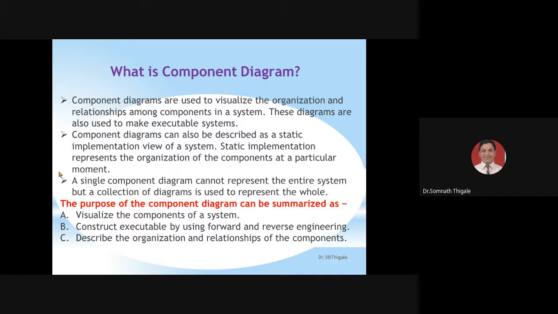These diagrams are also used to make an executable system. The most important part is that a component is an executable part of the system. A component diagram can also be described as a static implementation view of the system, a static implementation that represents the organization of the components at a particular moment.